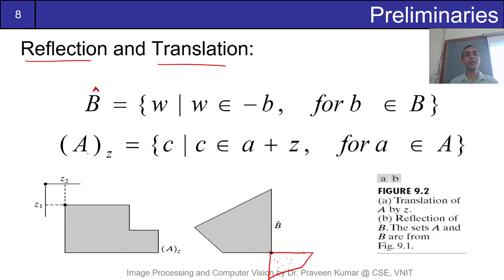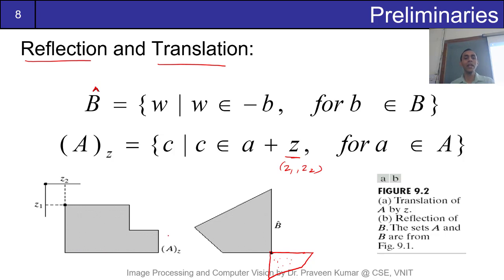And a translation of a set A is represented as A subscript Z, where the content of this translation of set A is obtained by taking all the elements from the original set A and adding this offset Z to each element to get the resultant element C. So if your original set was something like this, and let us say Z has components Z1 and Z2, then to each element of set A, if you add Z1 and Z2, you get a translated set.